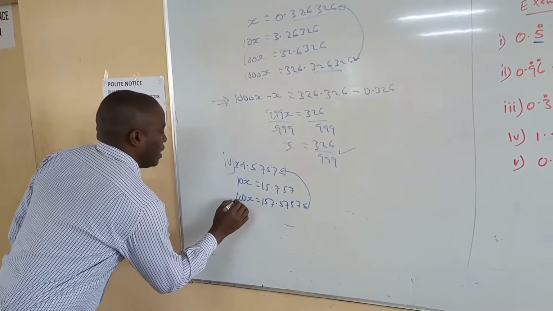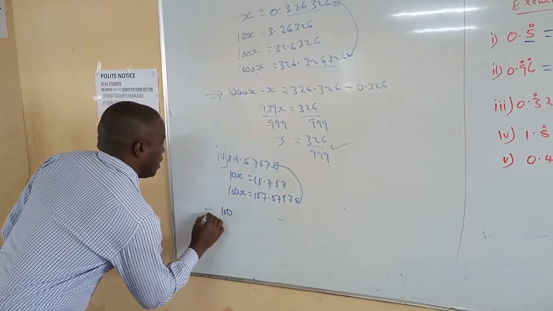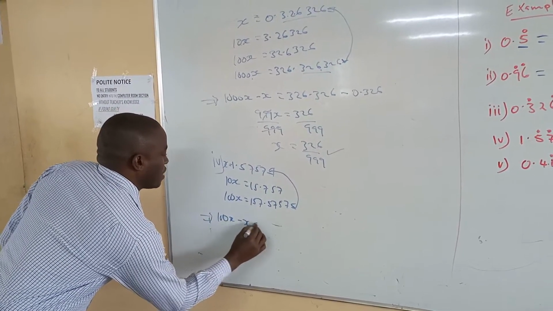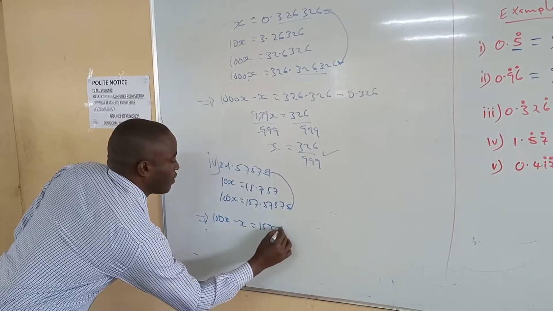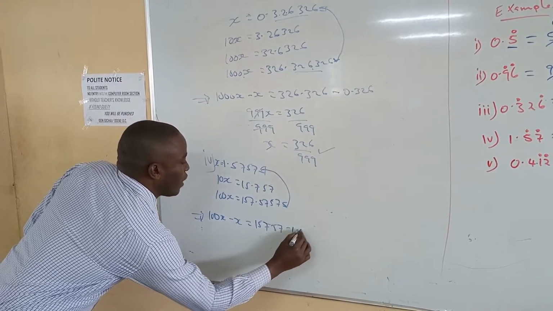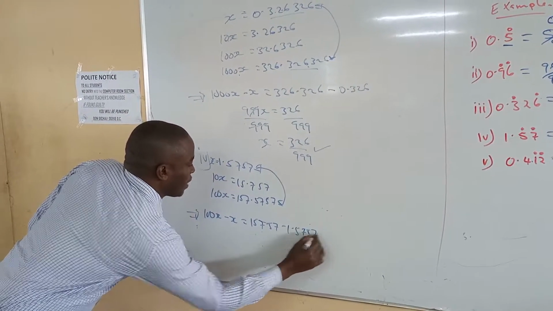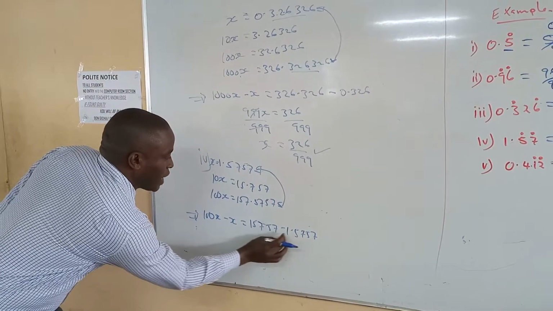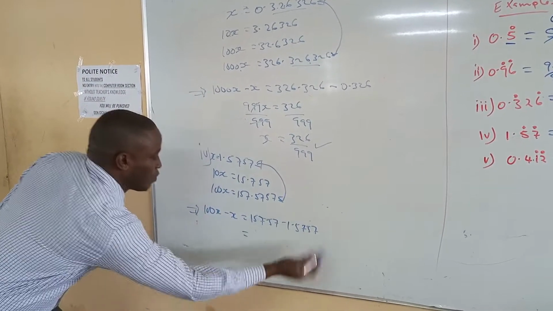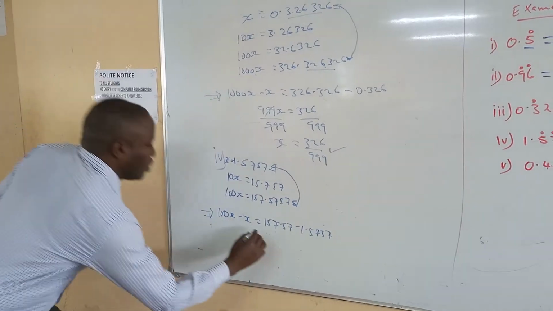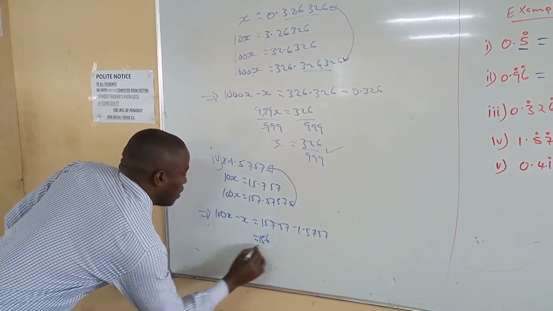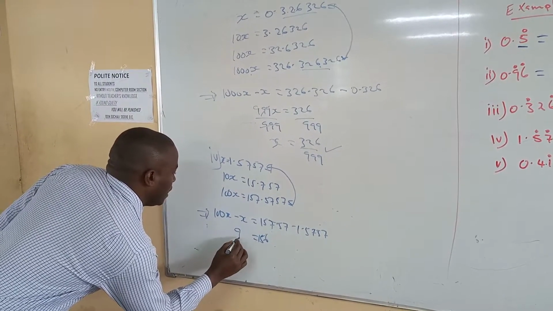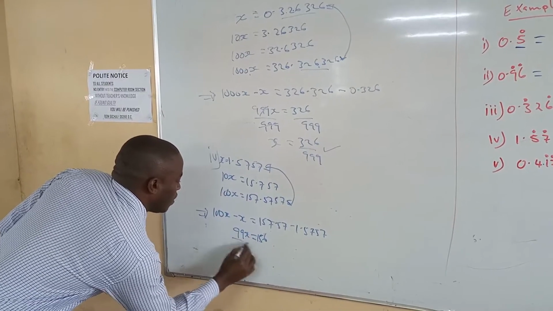This is 100x minus x equals 157.57 minus 1.5757. So when you subtract, 157 minus 1 gives you 156, because after the decimal we have 0. So it is 156, and this is 99x all over 99.